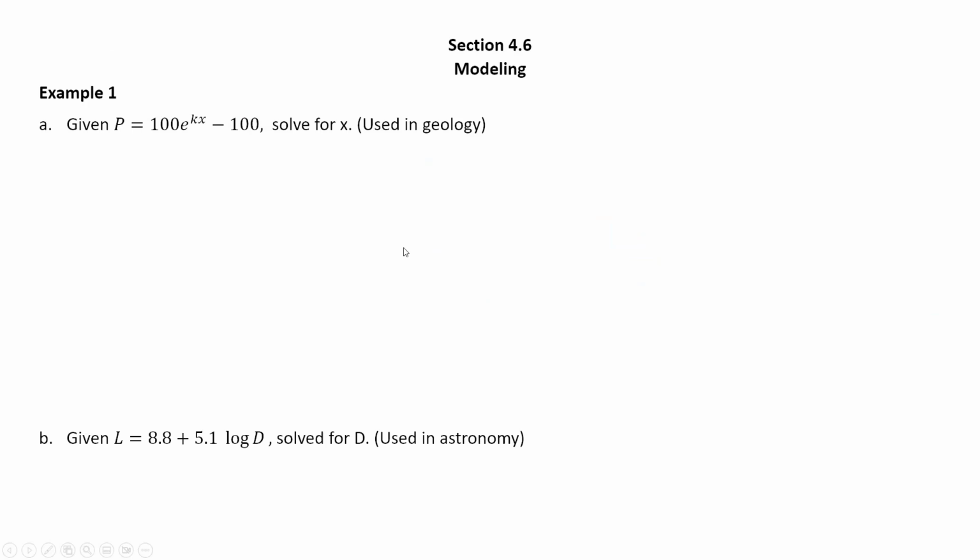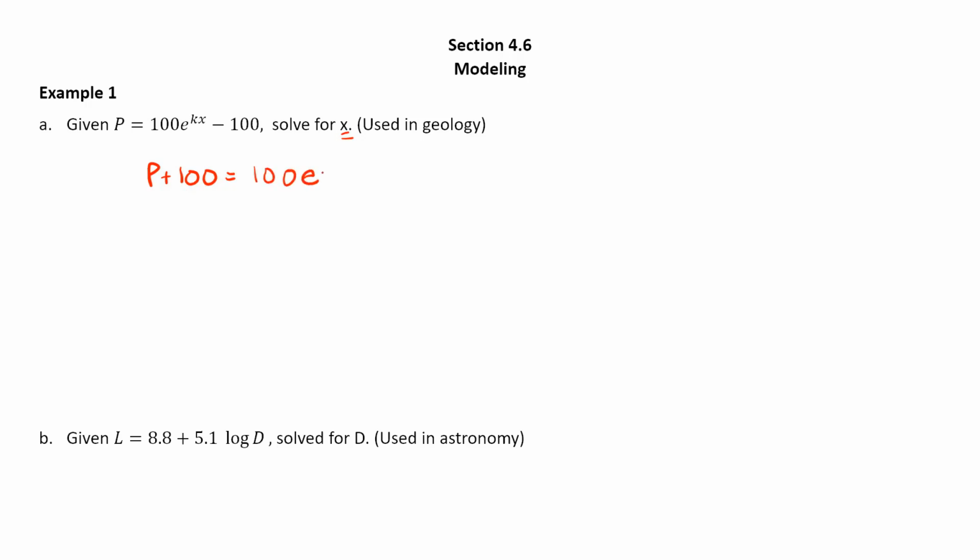Okay, so here are just a couple of examples of equations that are models used in different disciplines. You've got P equals 100e to the kx minus 100. If we wanted to solve this equation for x, we want to isolate the exponential term, so we'll add 100 to both sides.